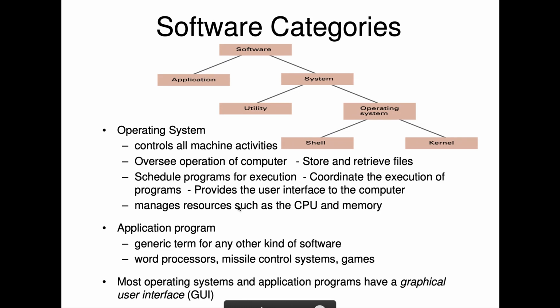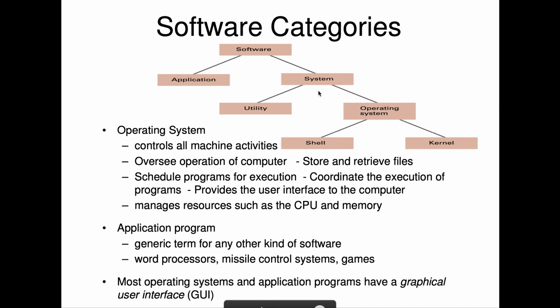So let's talk about a specific software category in a Unix system. In a Unix system, we have multiple subcategories. At the highest level, we have software. Then we can categorize it into application software and system software.